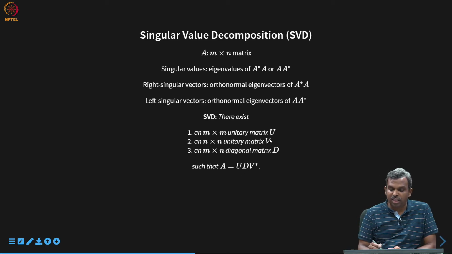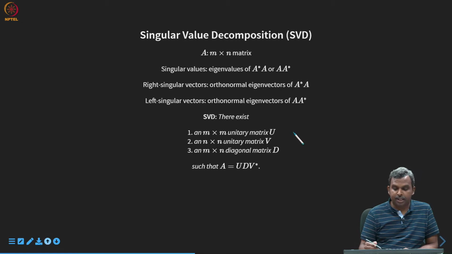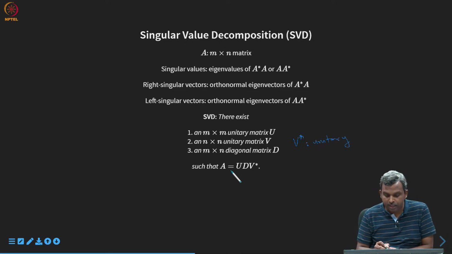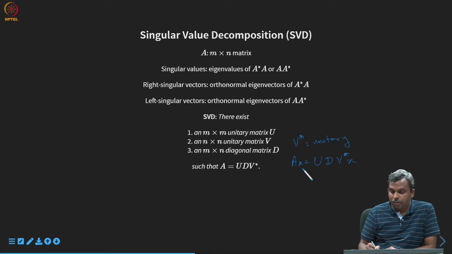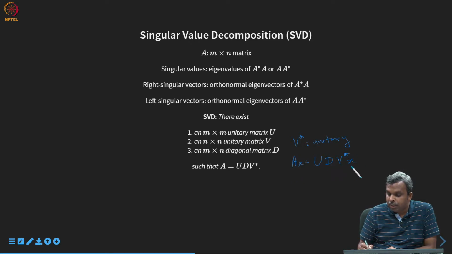So now, if V is unitary, V star is also unitary, right? Okay, V star is also unitary. So when you write A as the product of these three matrices, and you apply it to X, AX is U D V star X. So when X is input to this transform A, and you do AX to get the output, you can equivalently do it first by multiplying with V star.